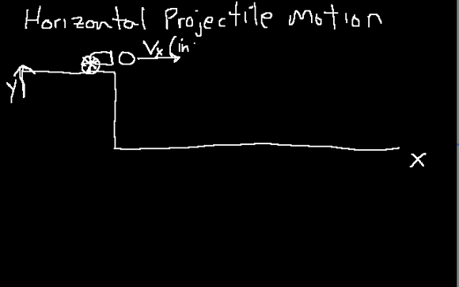We'll call it initial velocity. Now, as you might suspect, what's going to happen is the cannonball is going to follow a parabolic path until it finally hits the ground.